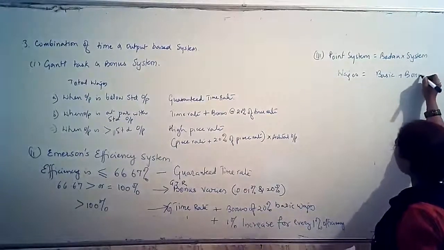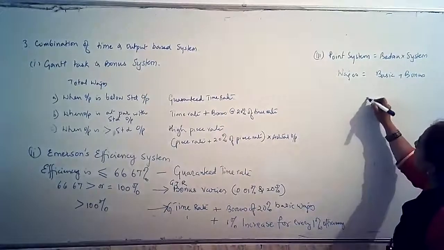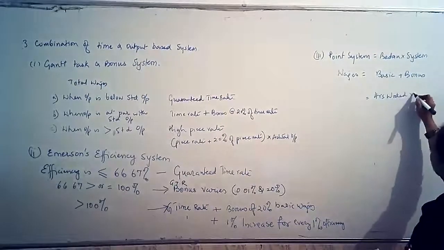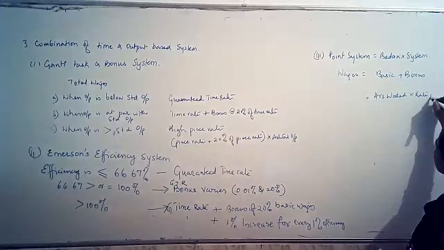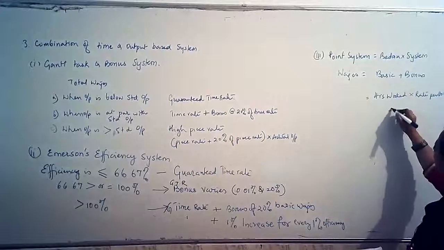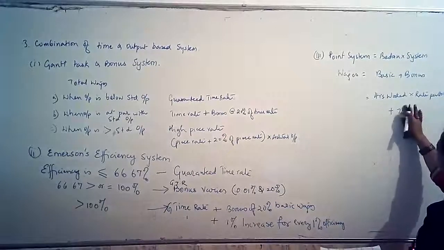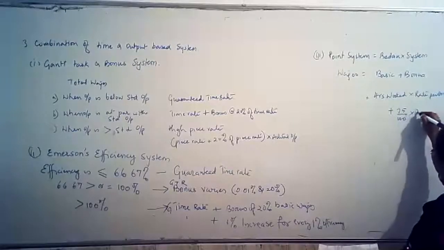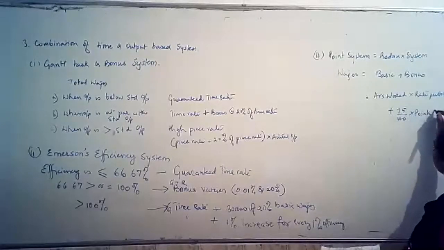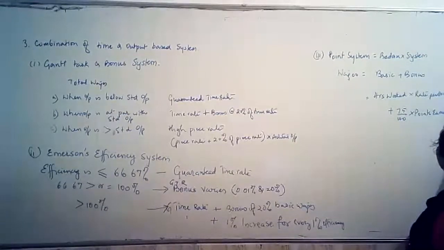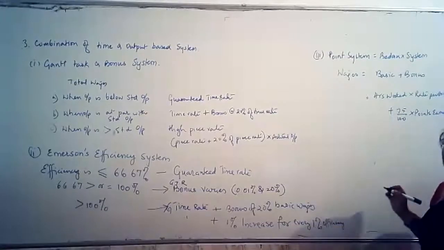Basic is hours worked into rate per hour. And bonus is 75% of points earned into rate per hour. This is how you calculate the bonus.